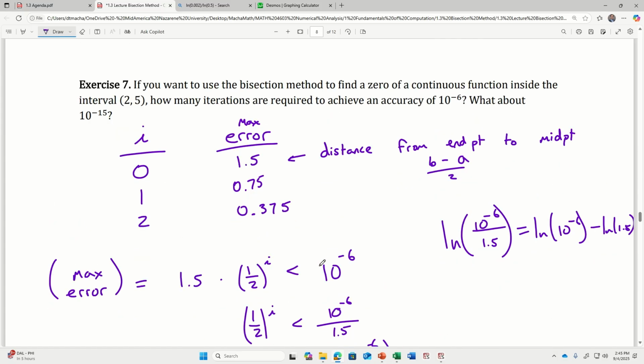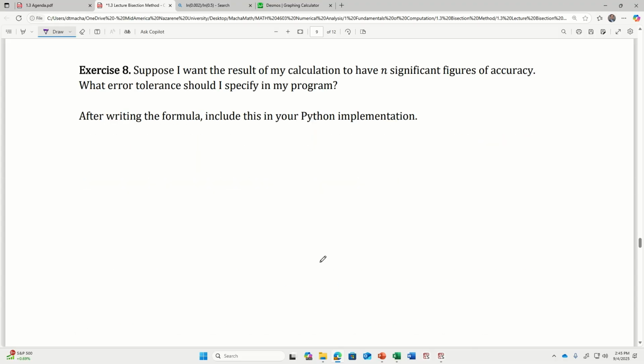Okay, does that make sense still? Everybody's good? Yeah. All right, suppose I want the result of my calculation to have 4 significant figures of accuracy. What error tolerance should I specify in my program? So when we're choosing the amount of tolerance, sometimes in the engineering world, I'm thinking about calculations I've done in the past where I know that on the display, the software is eventually going to tell the engineer the final answer.